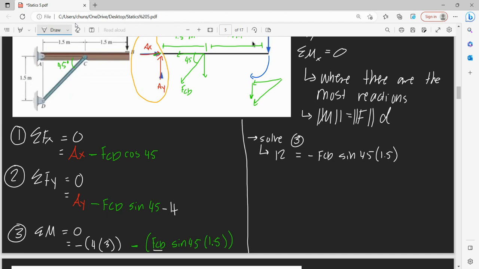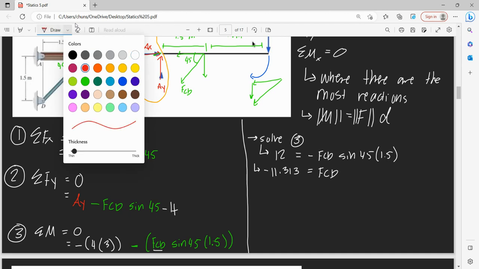Right, and then if we divide that over, so you have sine 45 times 1.5, and 12 divided by this becomes negative 11.313 equals FCD. So what does this negative symbol mean?